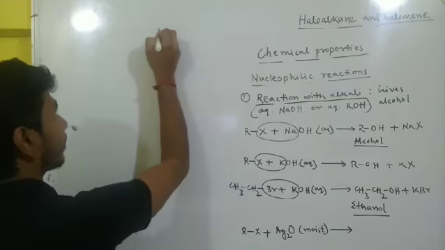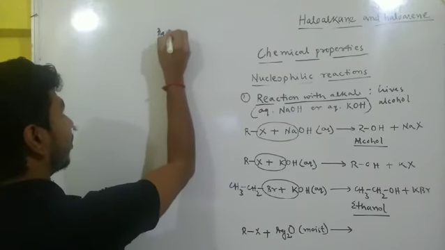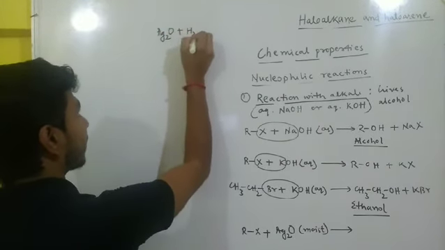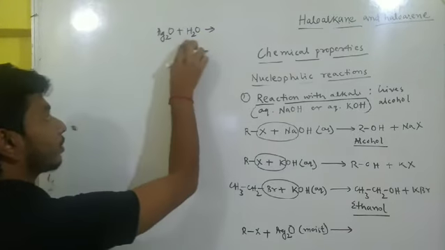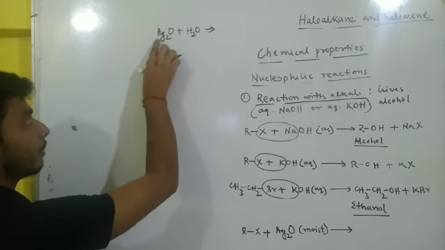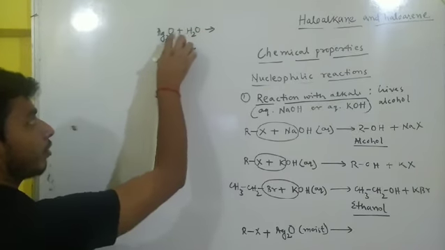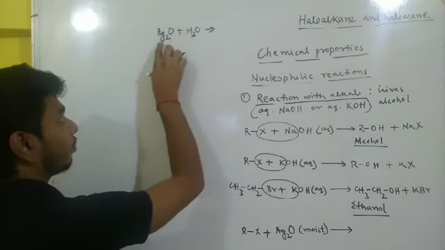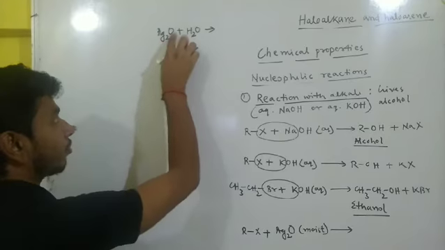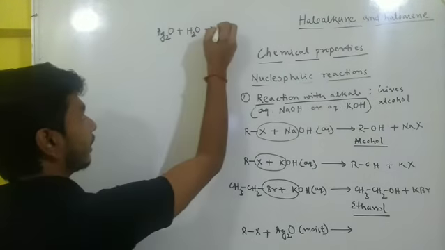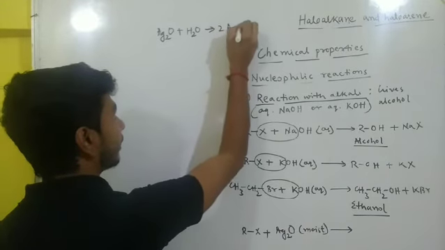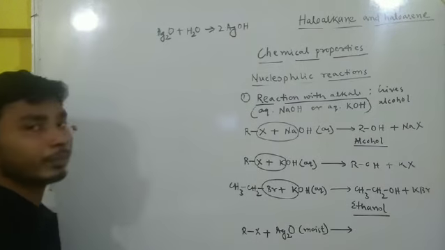So Ag2O plus moisture, meaning H2O. The silver oxide plus moisture gives 2 silver, 2 hydrogen and 2 oxygen, so it is twice AgOH. Clear?